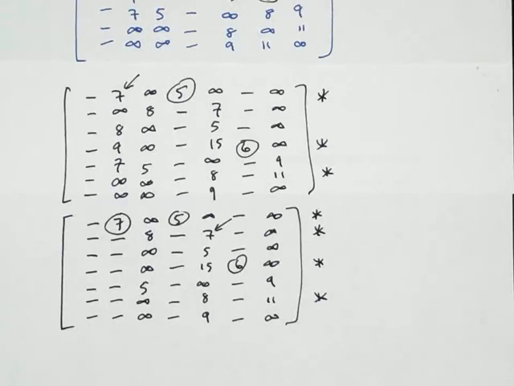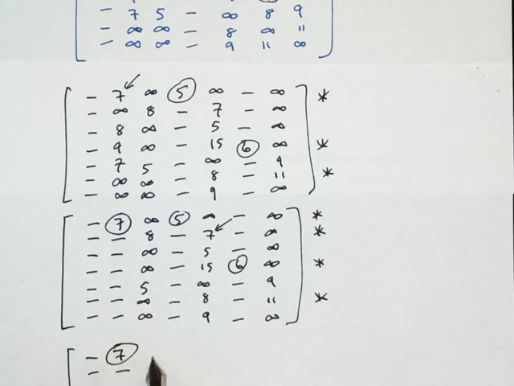I've got to redraw it. 3, 4, 5, 6, 7. 7, 1, 2, 3, 4, 5, 6. Okay, what happens to everything else in that column? Say that again?